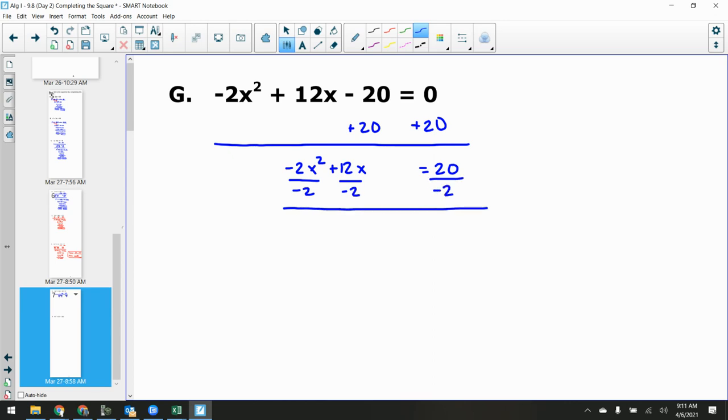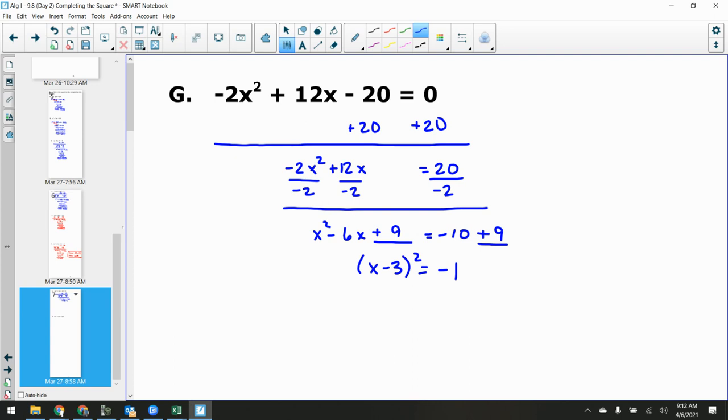So that gets me an x squared minus 6x is equal to negative 10. What fills in my blank? Positive 9. Negative 3 squared, positive 9. So now we say x minus 3 squared is equal to negative 1.